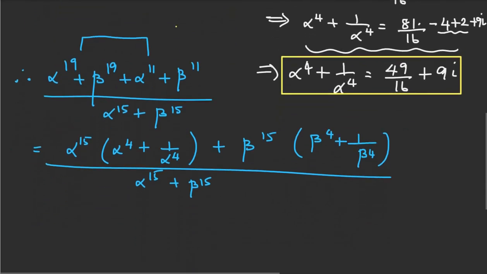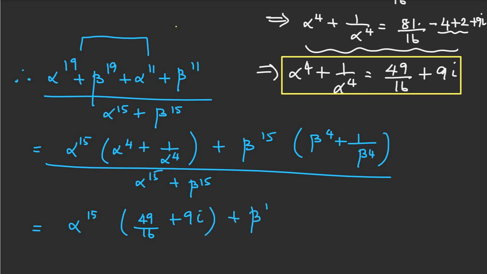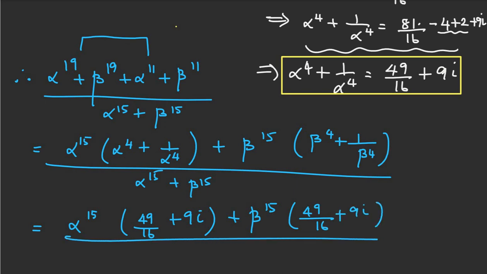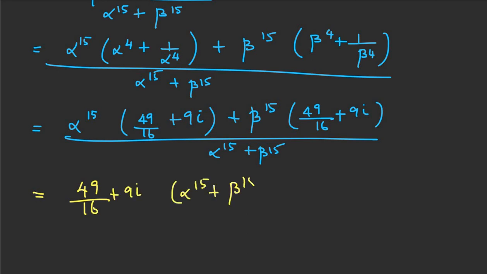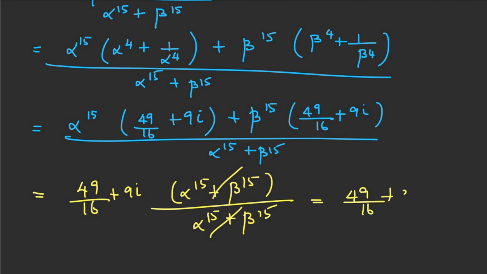Substituting 49 by 16 plus 9i, 49 by 16 plus 9i can be taken outside, and alpha power 15 plus beta power 15 cancels, giving 49 by 16 plus 9i.